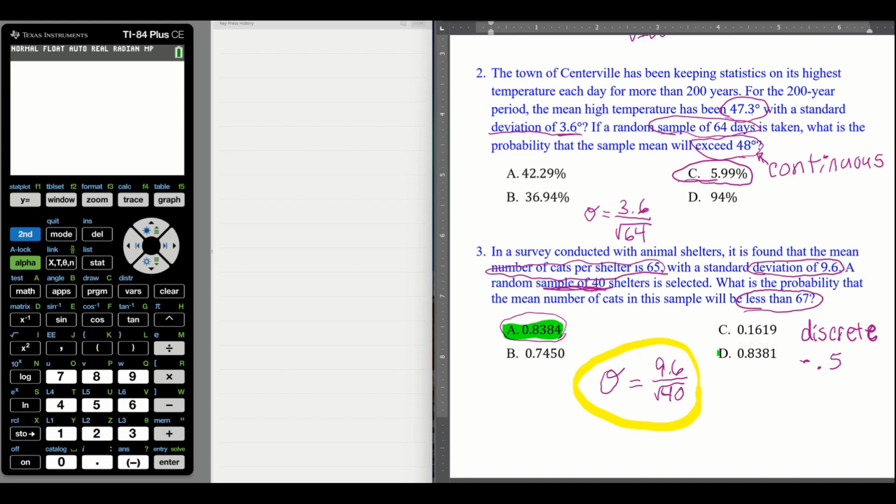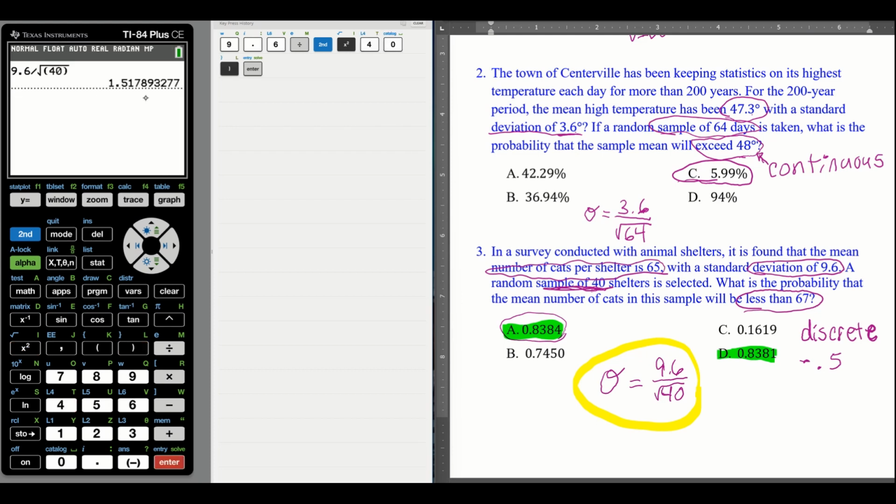Like I was saying, I don't like this. So what is going on? Let's look at our calculator. If I go ahead and pre-calculate 9.6, divide that, and then put my 40 in, that gives me a decimal that'll need to be rounded. When I put that into my calculator, I'm going to get a little bit of an adjustment situation.